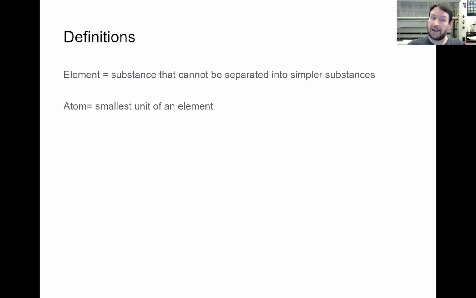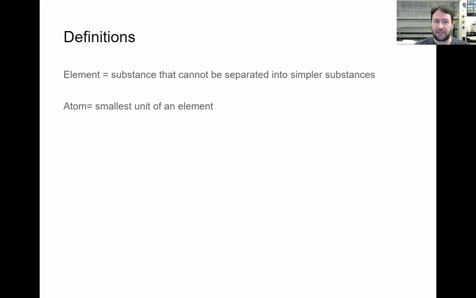Sometimes we might put two elements together and we end up with something completely different, which is either a molecule or a compound of those different elements. And we'll give some examples of that later on.